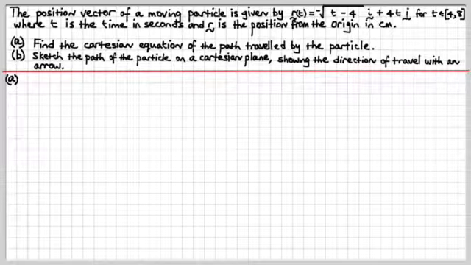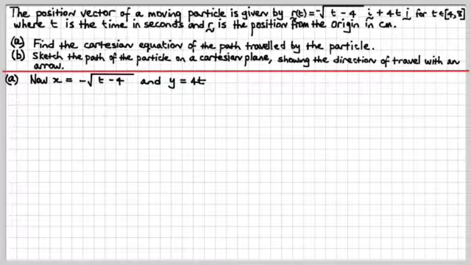In part A, first of all, we know that the x component of the position vector is minus the square root of t minus 4, and we know that the y component is 4t. Now the game plan for us is to eliminate the parameter t, so that we can get the straight connection between x and y, which is our Cartesian equation as required.